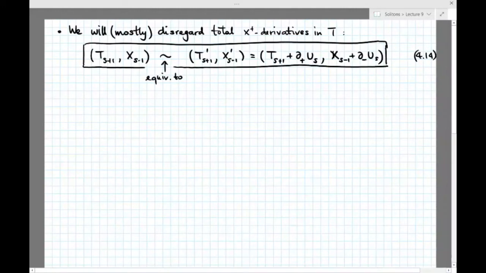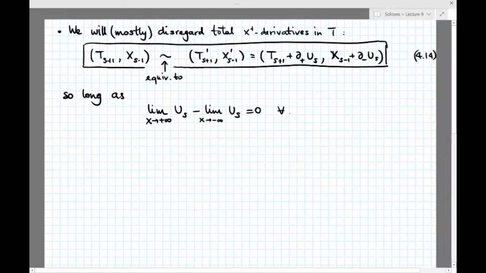And now I explain what I mean by mostly. We'll disregard total x plus derivatives in T so long as the following condition on the limit holds, which is the limit as x going to plus infinity of U_s minus the limit as x goes to minus infinity of U_s is equal to 0 for all times.